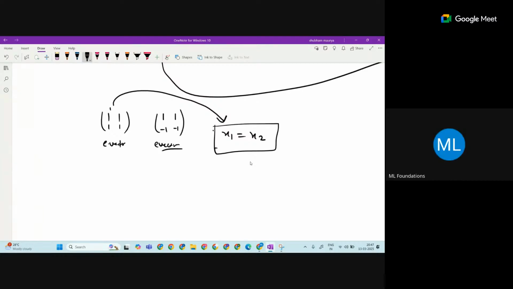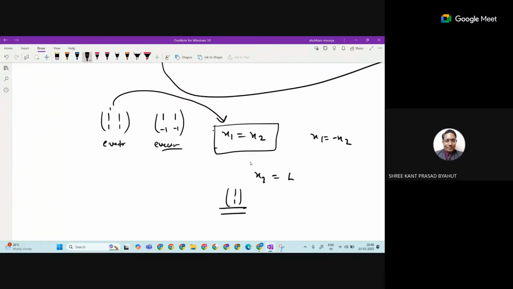We'll choose x2 is equal to 1, then we'll get the eigenvector as 1 and 1. Let's complete it. In the second equation, we will get x1 is equal to minus x2.